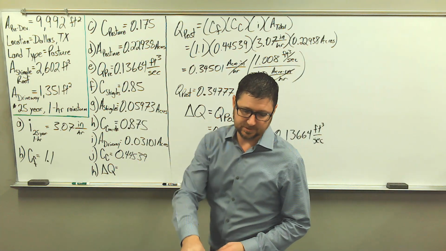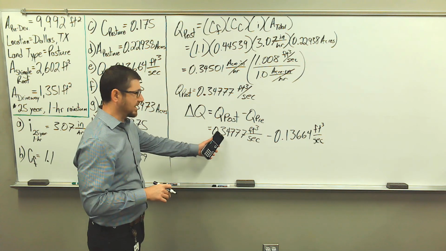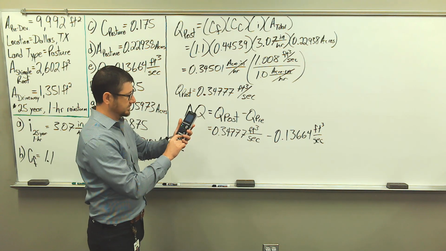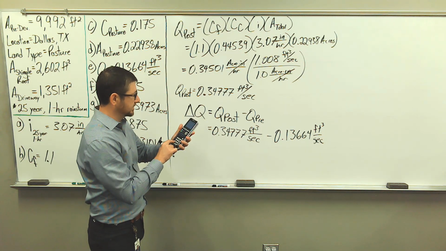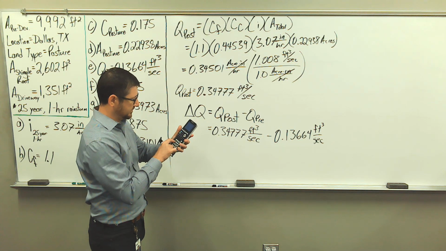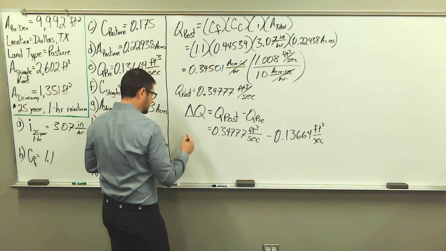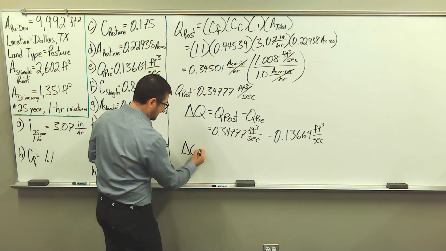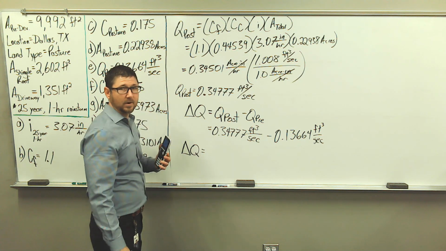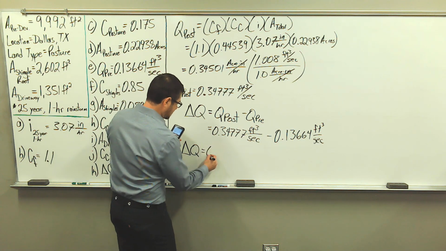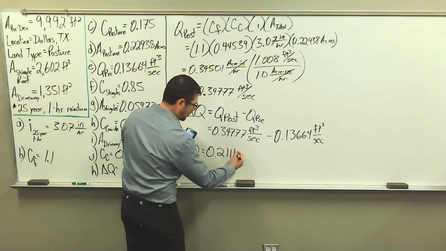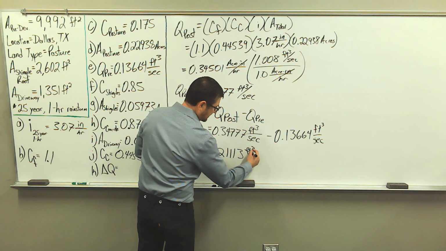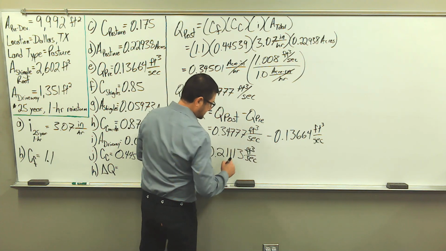So let's use our calculator again. I have this value stored in my calculator, so I'm going to say minus 0.13664 and delta Q, the change in peak runoff rate, is equal to 0.21113 cubic feet per second.